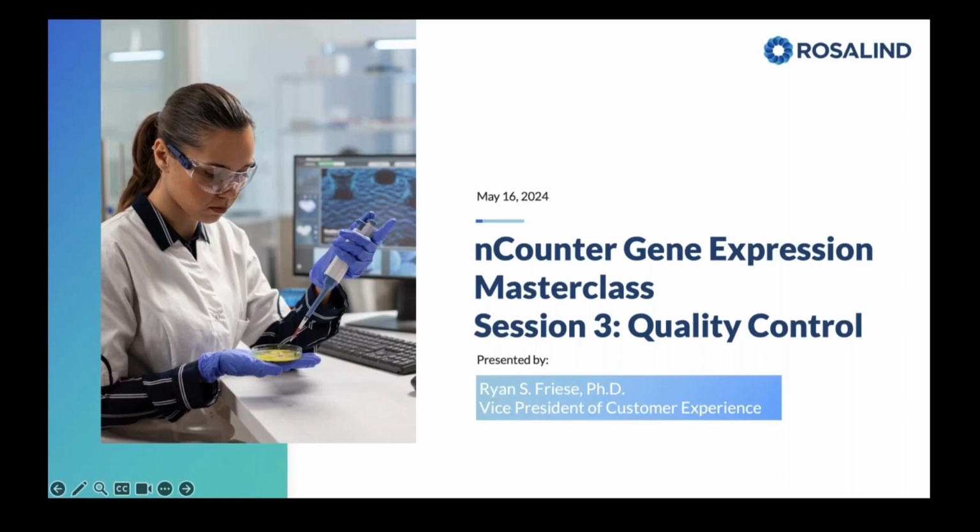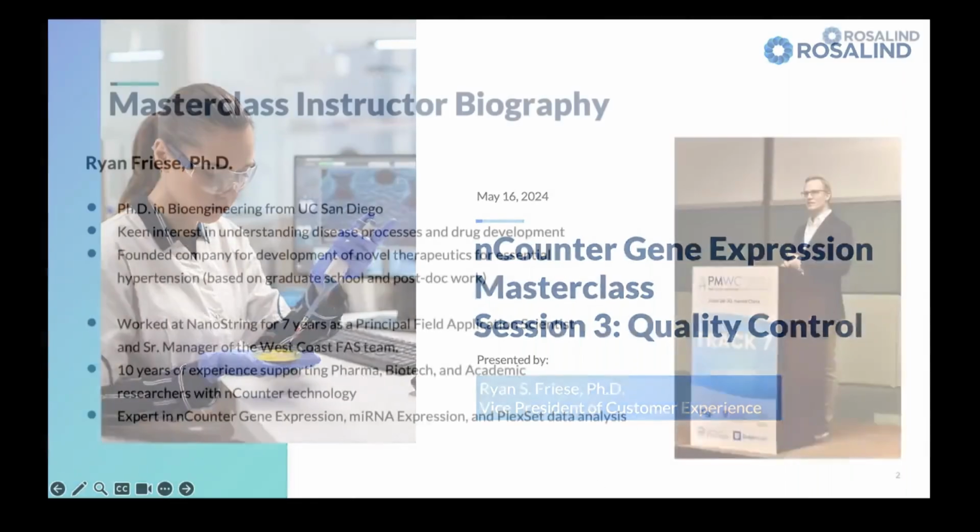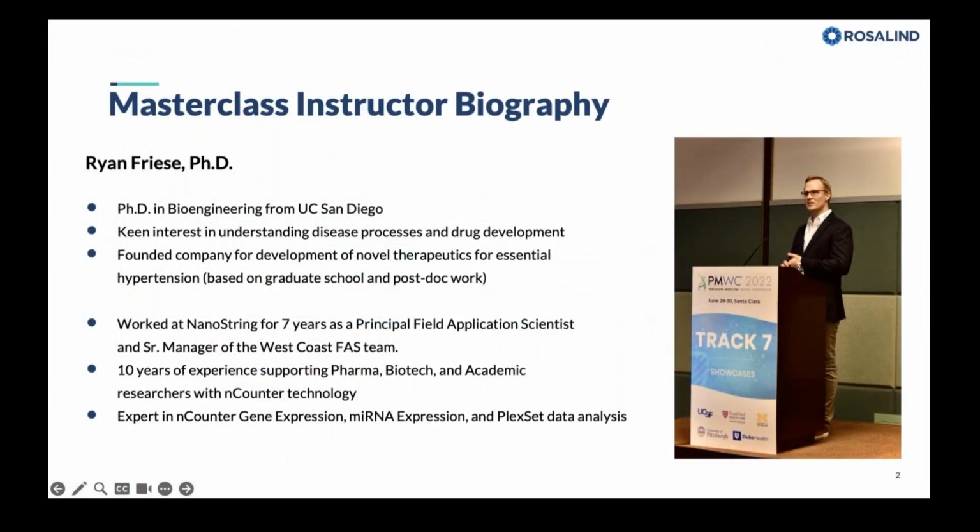I'm going to quickly give a brief background on myself here. So what's relevant for today's session is that I have about 10 years of experience working with NanoString nCounter data. So I'm a PhD bioengineer by training, so I've been heavily focused on genetics and gene expression, genomics for my entire career, and I'm quite interested in drug development.